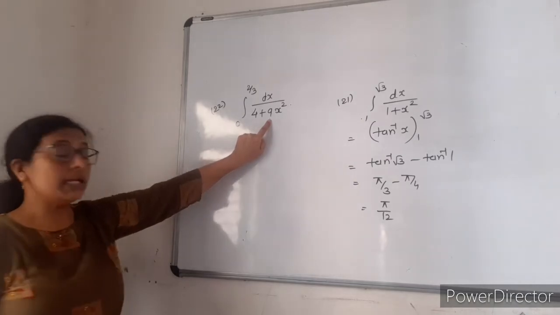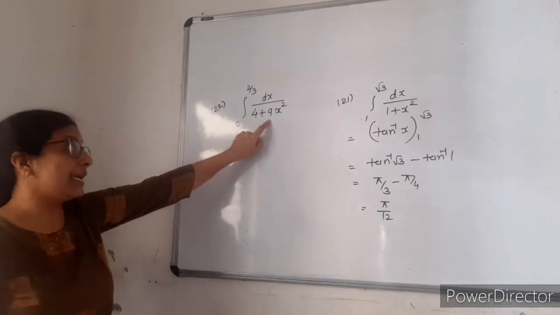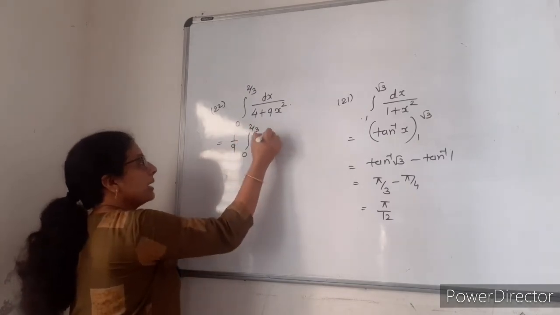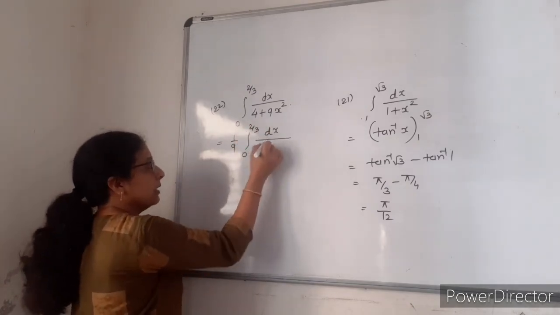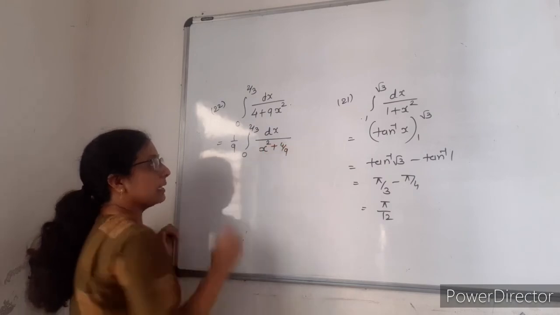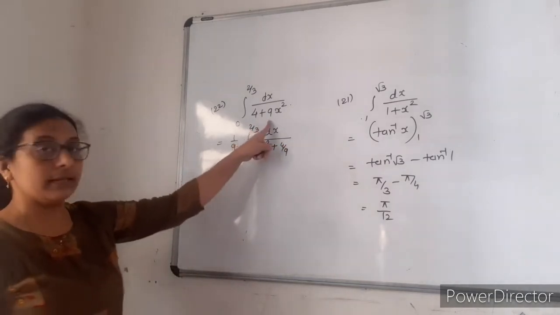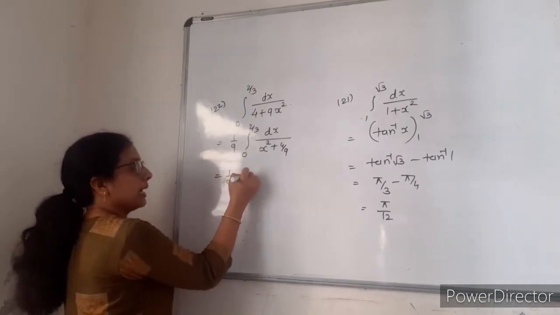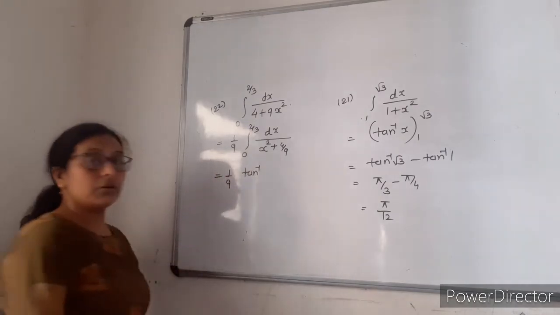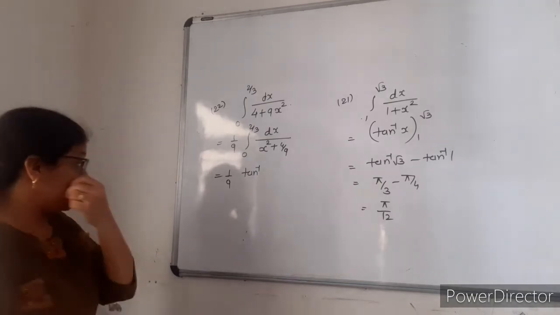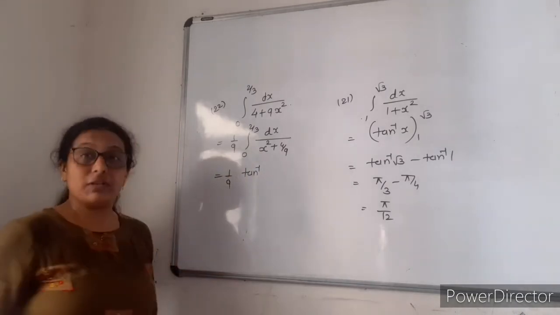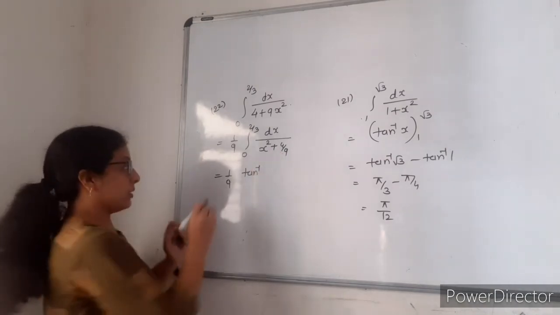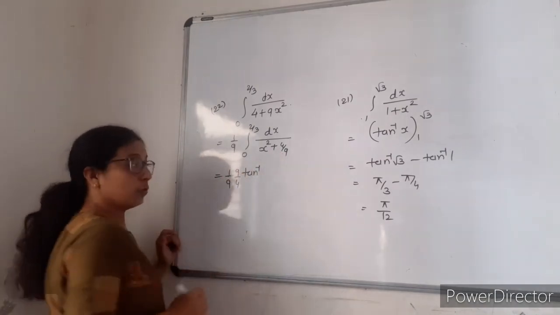So what to do is, you just take it common. So 1 upon 9, 0 to 2 by 3, dx upon x square plus 4 by 9. Yes or no? I have taken this 9 common. Therefore 1 upon 9, tan inverse x by a. So 1 upon a, tan inverse x by a. What is 1 upon a? It is 1 upon 4 by 9, so I will write here 9 by 4.